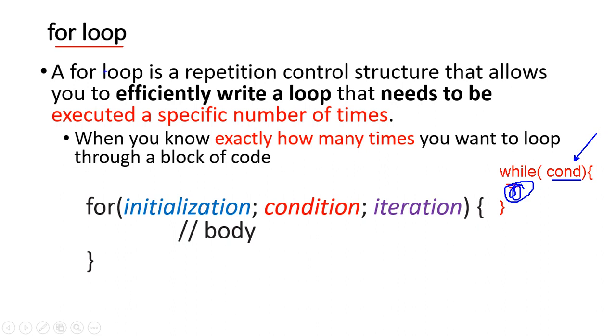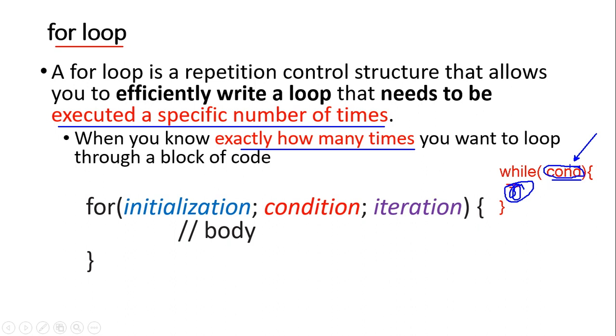So the for loop is used when you know exactly how many times a loop is going to get executed. And when you are not very sure how many times the loop will be executed, it may execute 1 time, 10 times, or 6 times, in such a situation, use the while or do while loop.